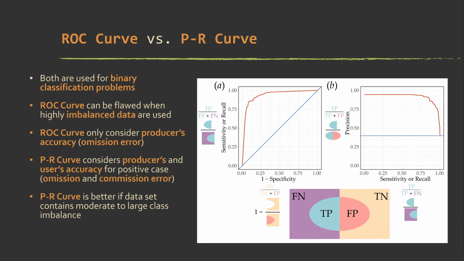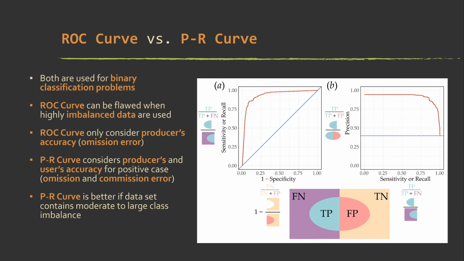It's generally going to show that the ROC curve can be flawed when the data are highly imbalanced, so you do have different numbers of true and false samples. That's partially because the ROC curve only considers producer's accuracy or omission error. It doesn't take into account user's accuracy or the commission error.